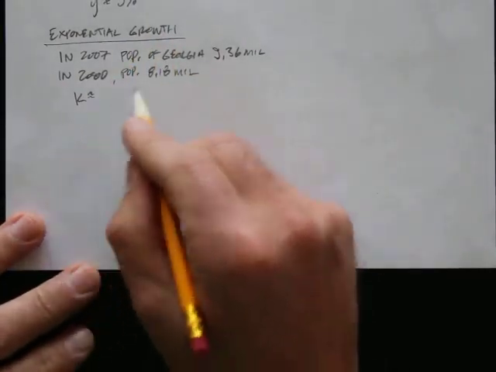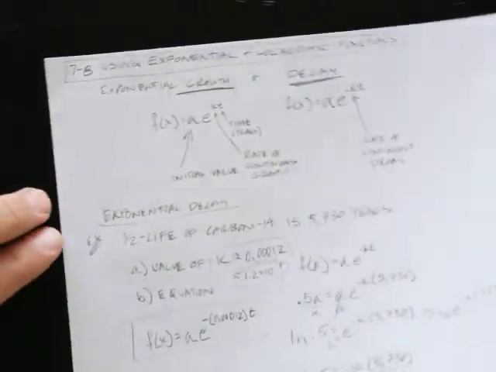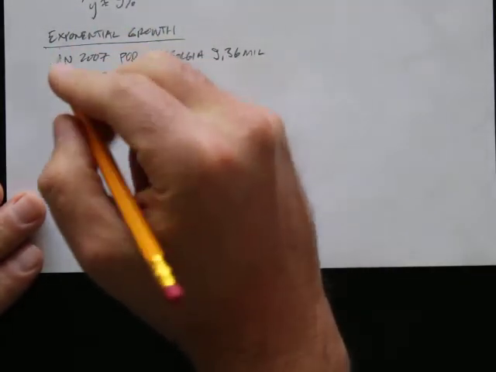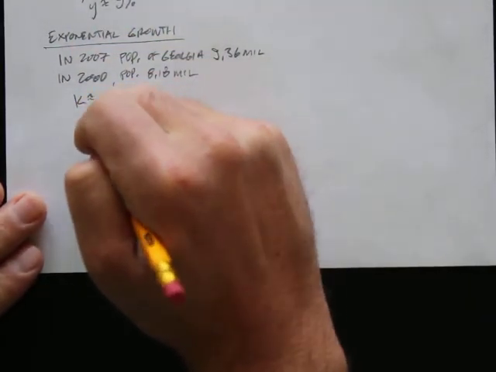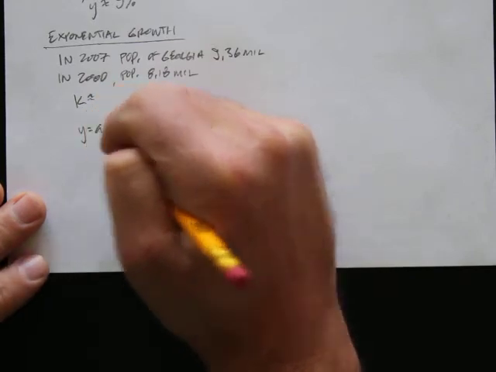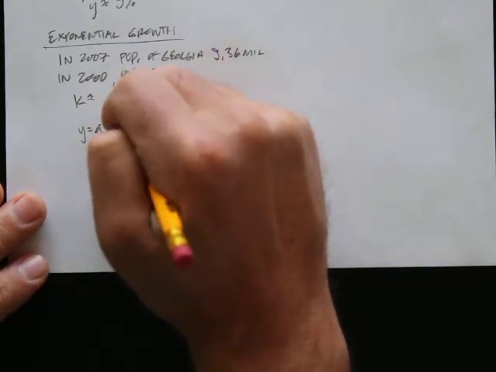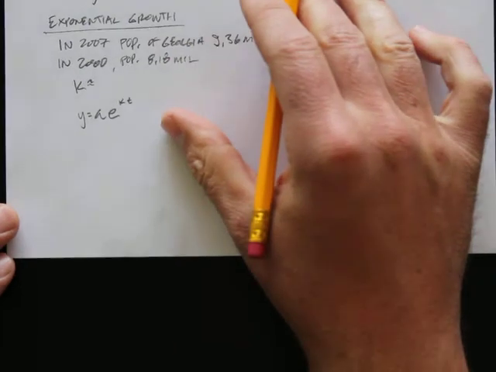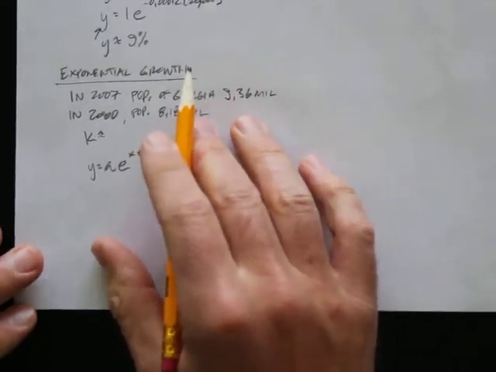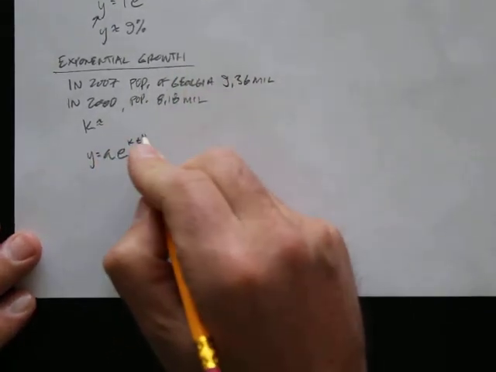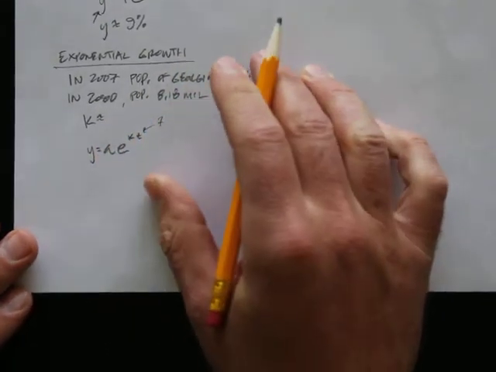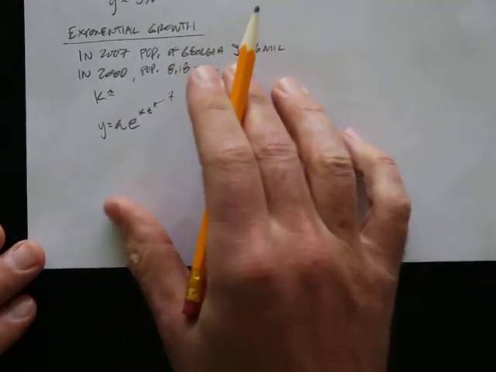So let's remember the formula for exponential growth. It is f of x, or y, equals the initial amount times e to the kt. We know some of this information. This has been 7 years, so we're going to plug 7 in here. We don't know what k is yet.